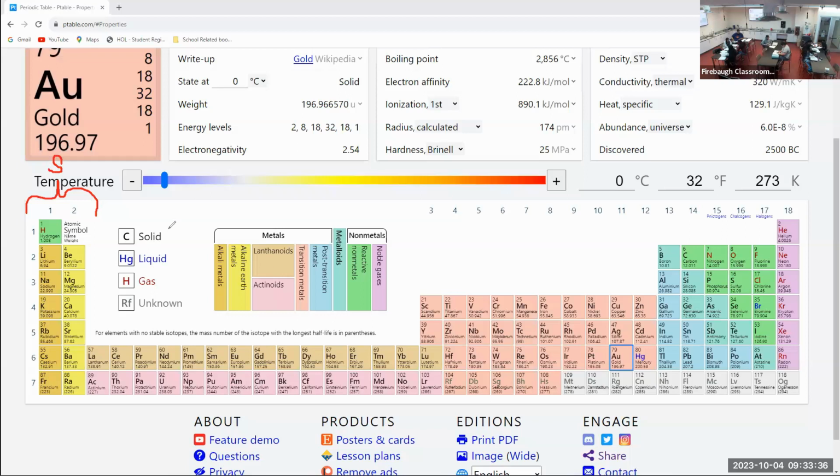And we know that the maximum it can have is how many electrons? 2.